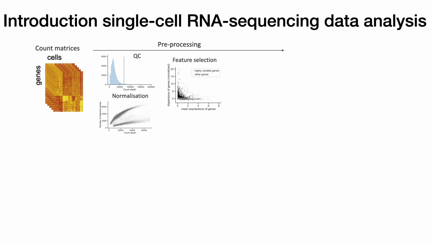Then you select features like highly variable genes. So that means the variability of the gene is higher than expected by the intrinsic noise of your experiment. Once you have done that, you go for batch effect correction. So that is a correction for the systemic bias across samples.